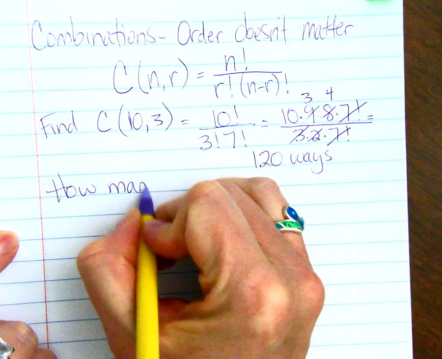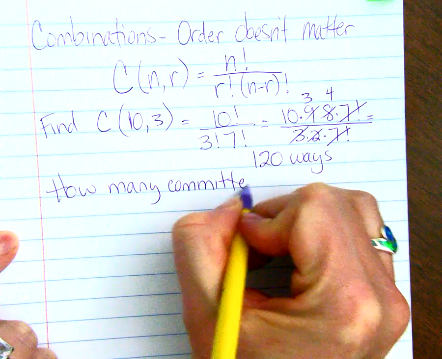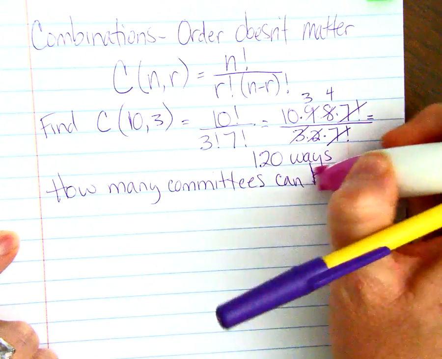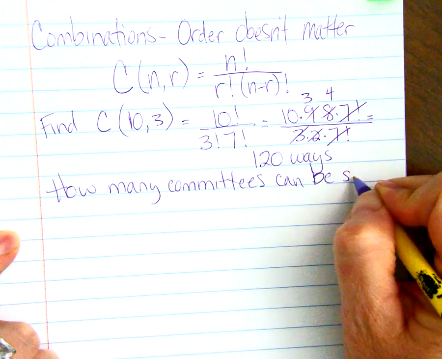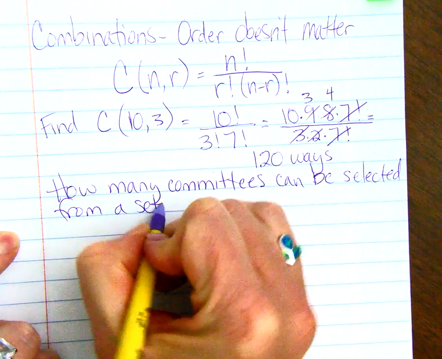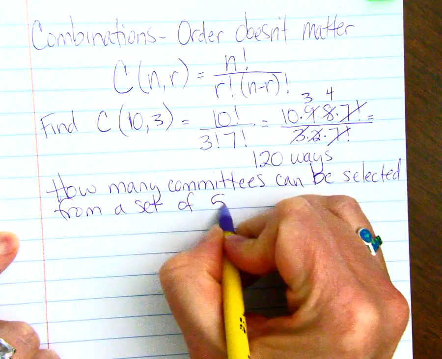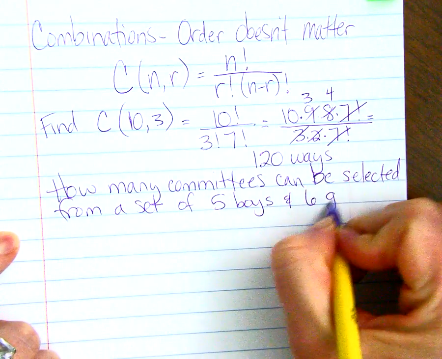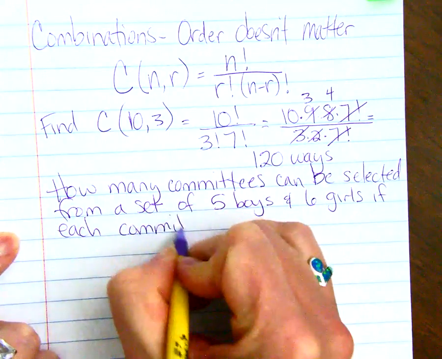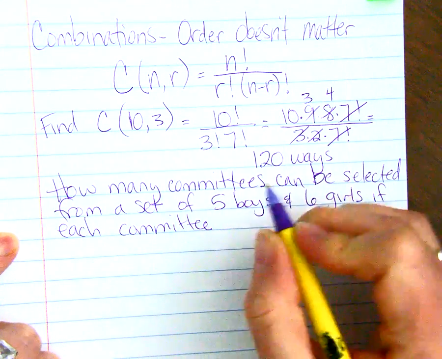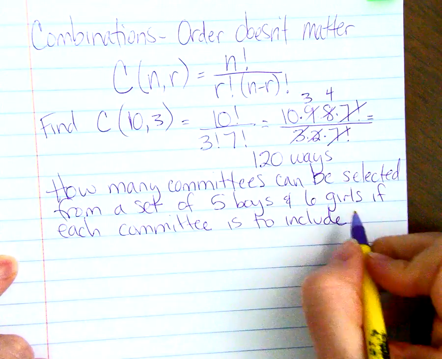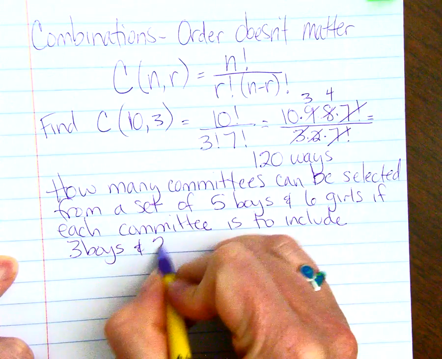How many committees can be selected from a set of 5 boys and 6 girls if each committee is to include 3 boys and 2 girls?